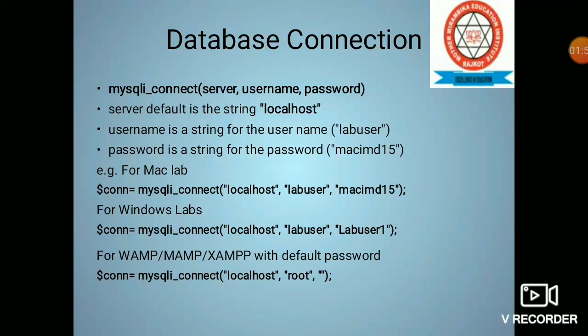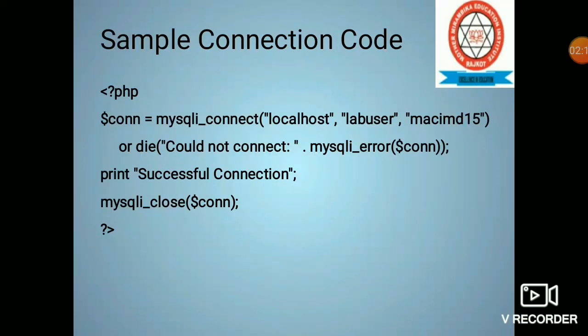The function is mysqli_connect, passed with 3 arguments. First is localhost, that is the server name, username is root, and password is blank. If the function gets executed successfully, the resultant variable $con will hold the connection link.